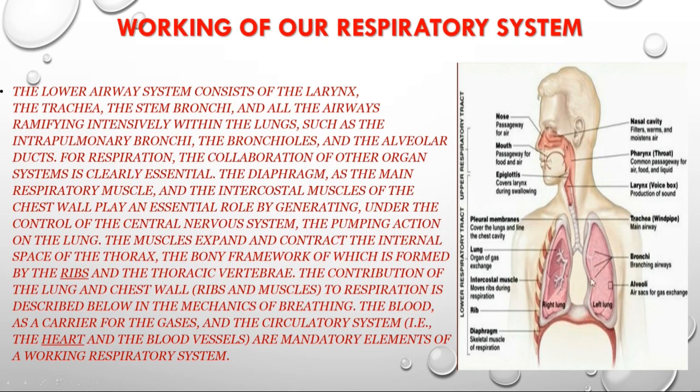The muscles present in the lungs are known as the intercostal muscles, and there are also the pleural membranes, which cover the lungs and the chest cavity. So we have also recapitulated this for understanding the working of our respiratory system.